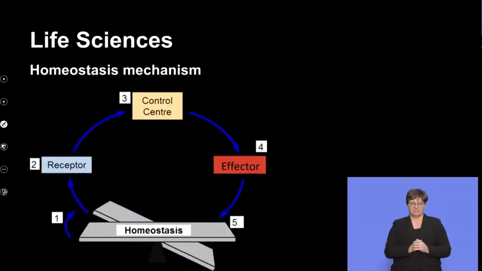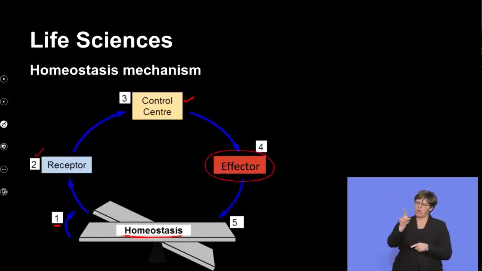Then let's look at how homeostasis is taking place. We have step 1 here. We're talking homeostasis. We need balance. The receptor, remember we said the receptor will detect the imbalance. And then the control center will do what? It will respond and send the message to the effector.